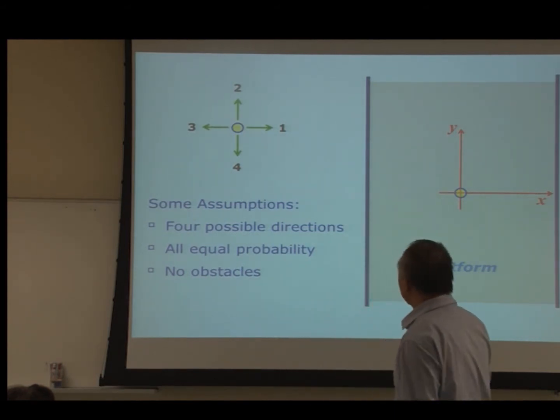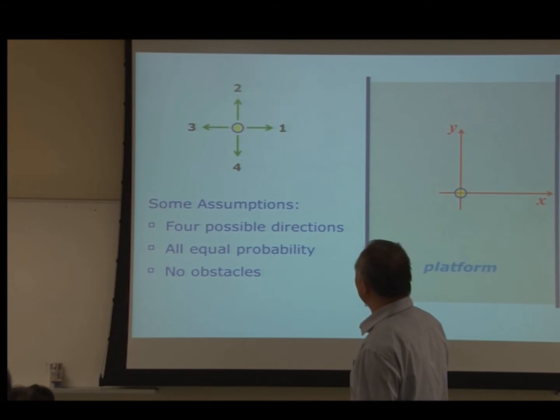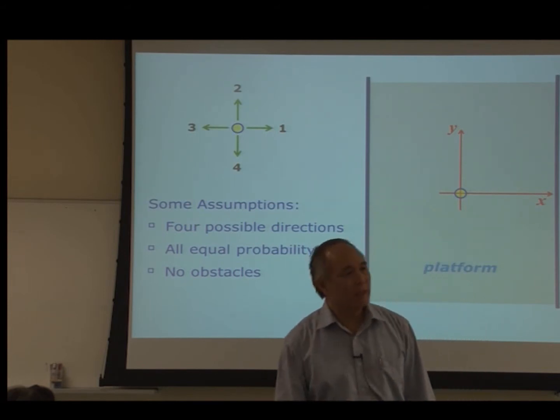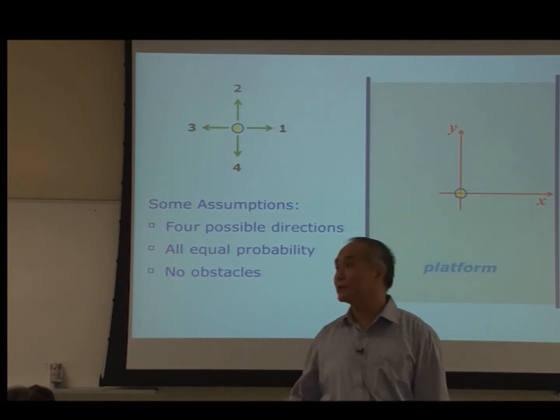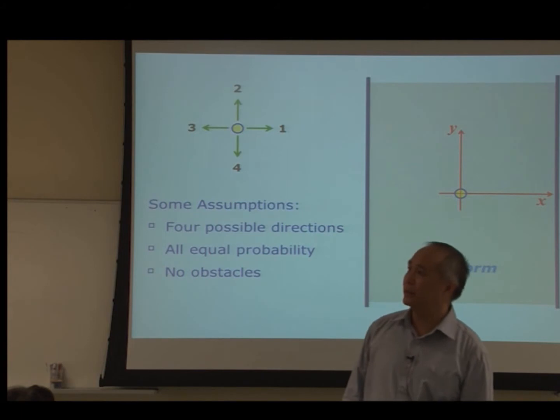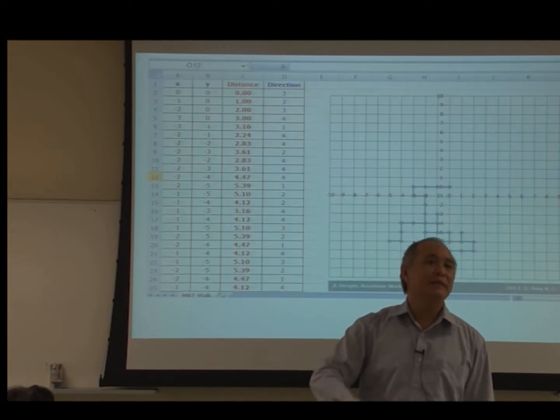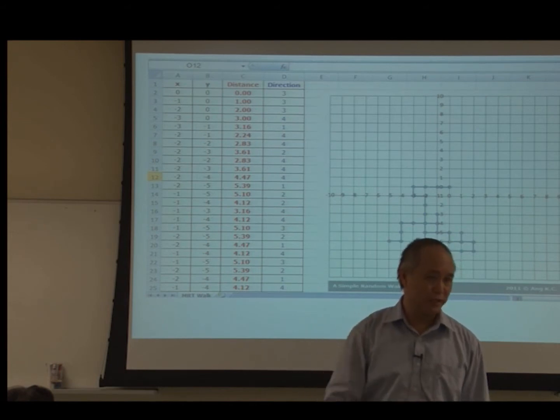Let's say the dizzy person can only walk in 4 possible directions, with all equal probability, no obstacles. And we can actually construct some kind of simulation.